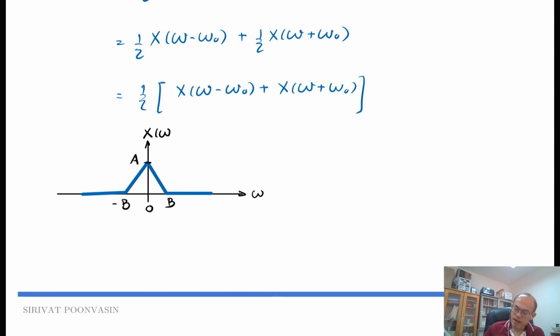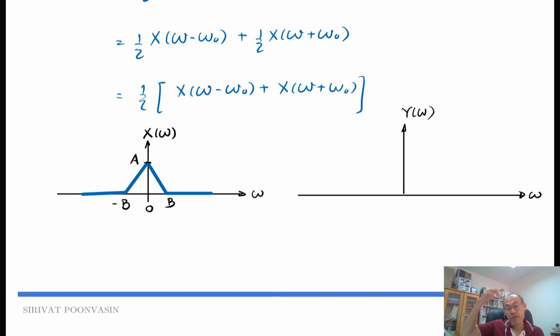Now, if we multiply x by cosine at frequency omega 0, then the spectrum of y will be the spectrum of x shifted to the right and to the left by omega 0 with half of the amplitude.